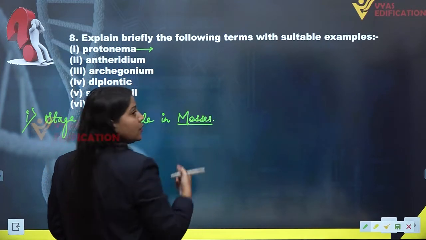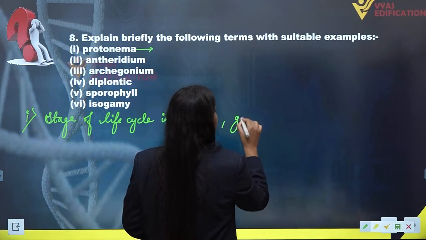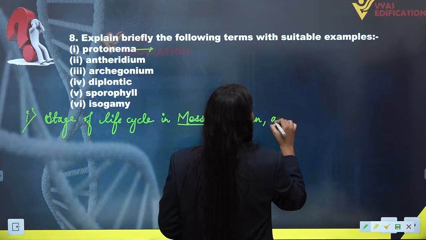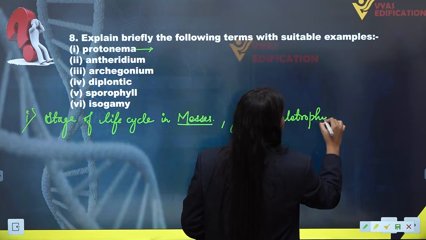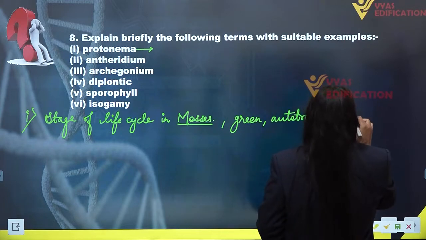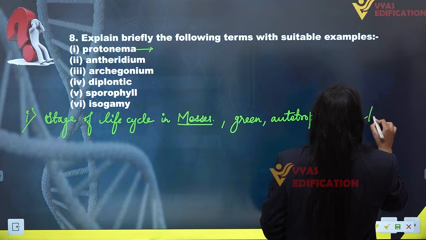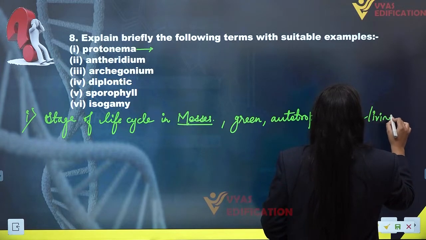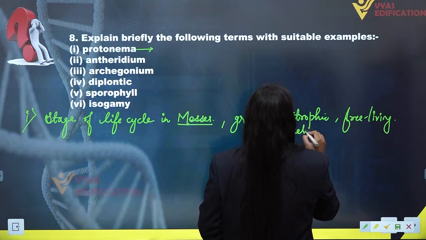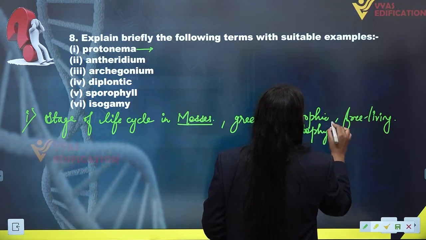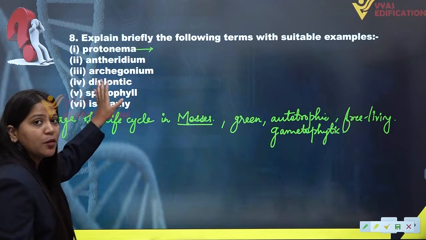So the example would be moss, of course, and this is green, autotrophic, free living gametophytic stage, which is going to give rise to a whole new plant as gametophyte. An example we have is mosses.